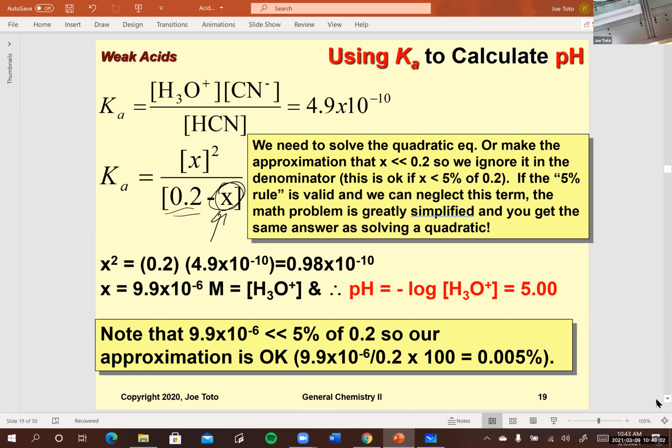So to do that, you just take that x that you find from neglecting, you divide it by 0.2, you times it by 100, and you see that it's way less than 5%. So if you would go and do this problem using the quadratic formula, your answer wouldn't change. And if you don't believe me, go ahead and try it.